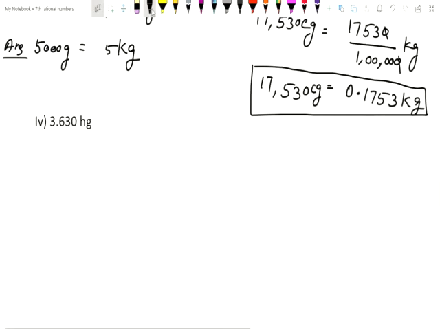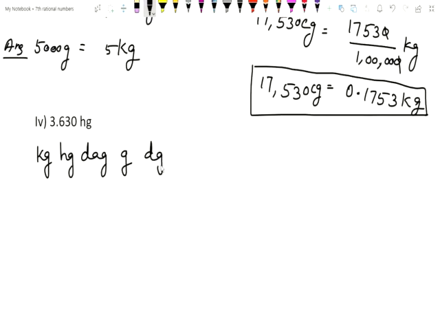3.630 hectogram. First write the order, children: kilogram, hectogram, decagram, gram, decigram, centigram, milligram. Here what is given? Hectogram. We are going to convert into kilogram. So one step. So 1 hectogram equals 1 by 10 kilogram.